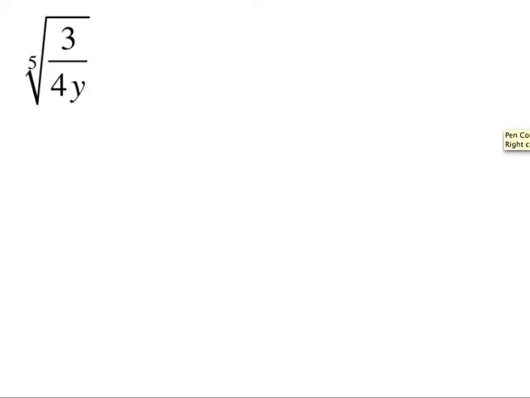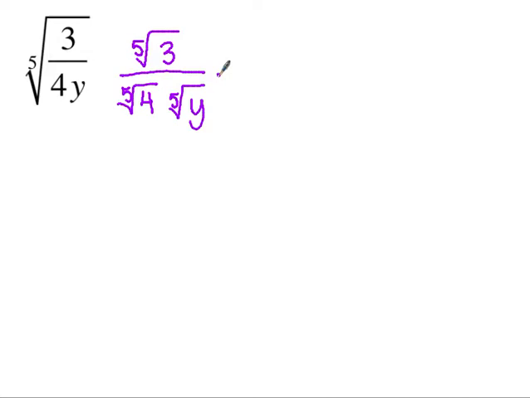Okay, so on this one, what we're going to do is we're going to split this up. So you've got the 5th root of 3 over the 5th root of 4 times the 5th root of y. So now I've got to get rid of those roots, right? What do you think I'm going to multiply by?